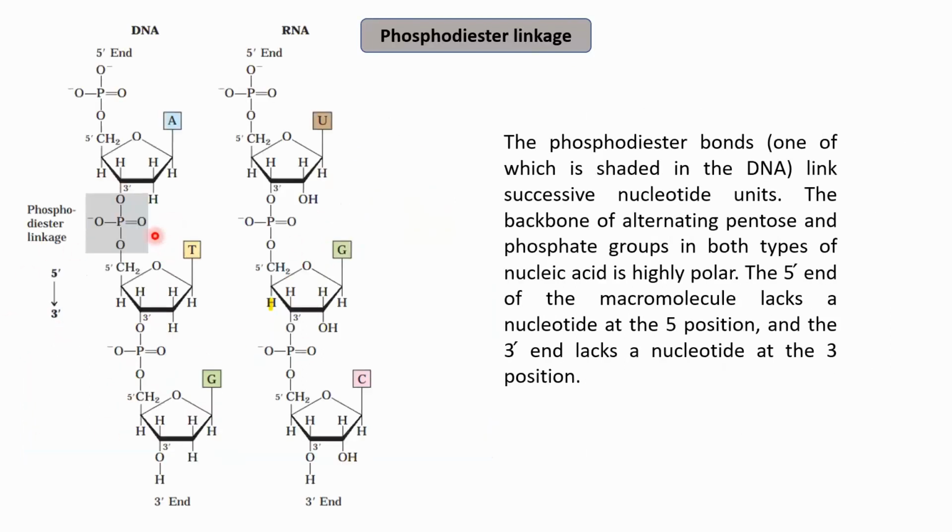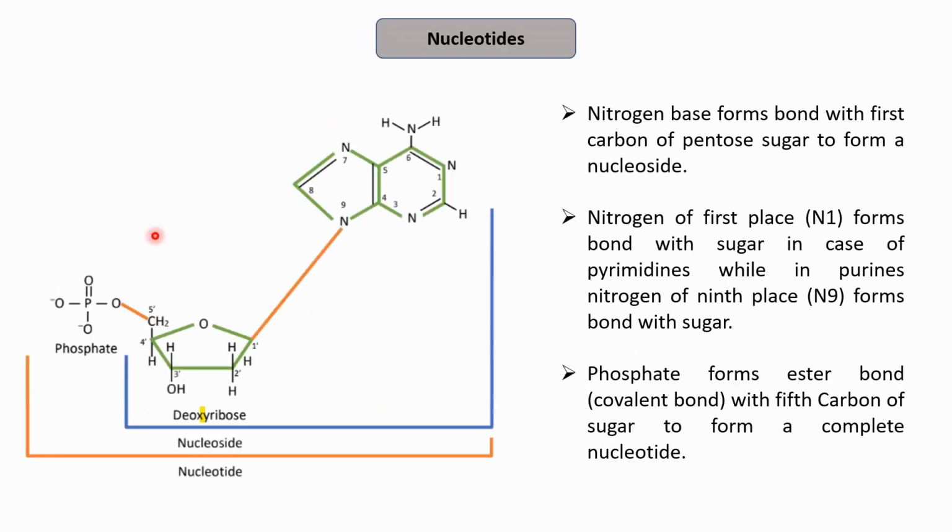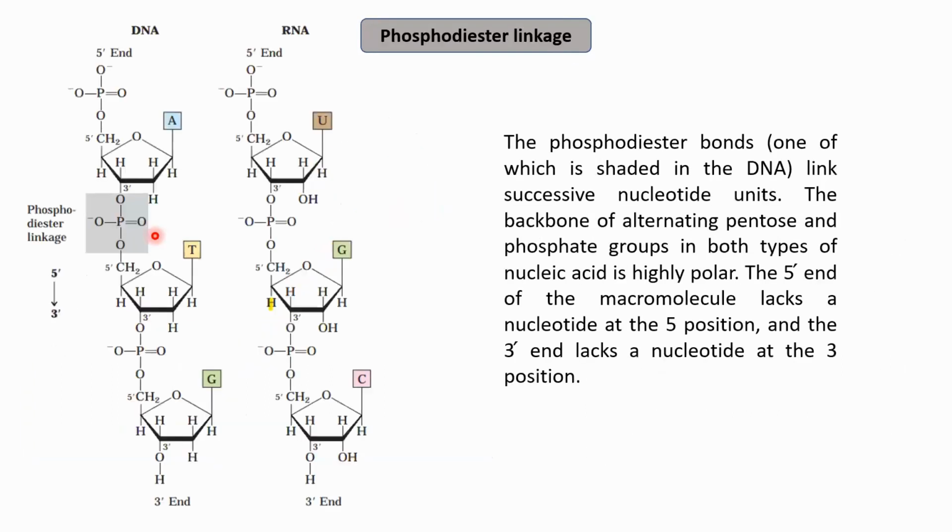Next, we know that nucleic acids are formed by the formation of a linear chain of nucleotides. These nucleotides are linked together through a phosphodiester linkage. So here is the representation of a DNA molecule and an RNA molecule. There is a difference between the nitrogenous bases present in DNA and RNA.